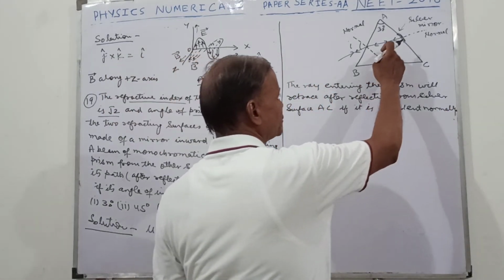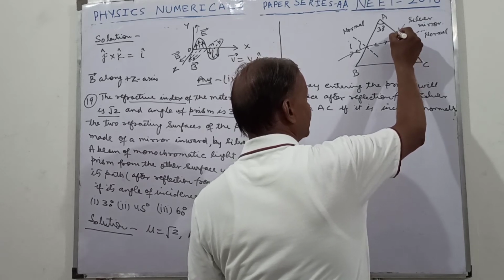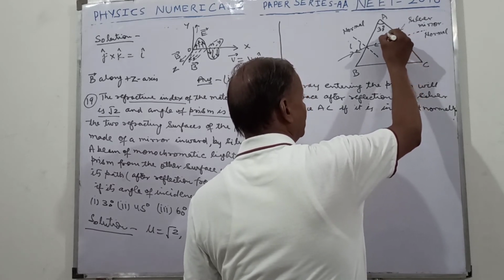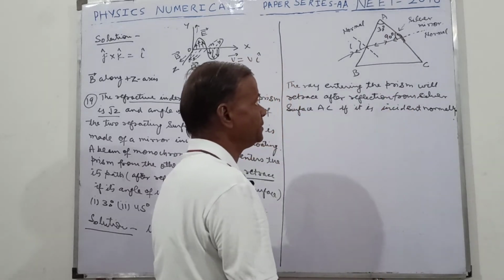It means that if this falls normally on this surface, then this angle must be equal to 90 degree. This angle is 90 degree.